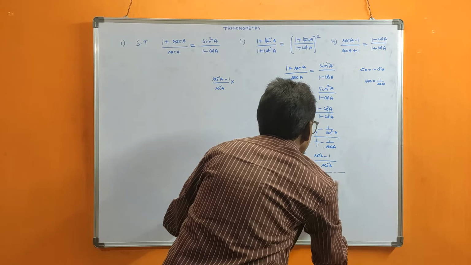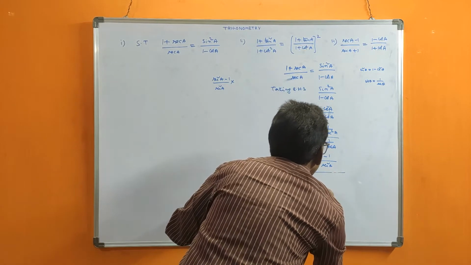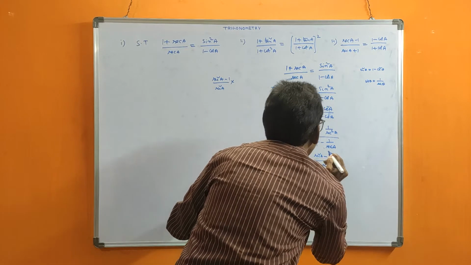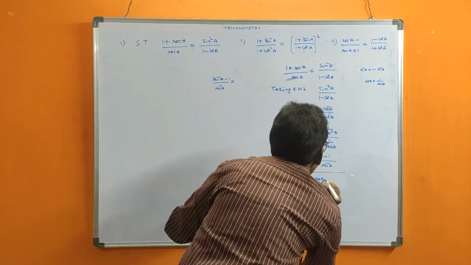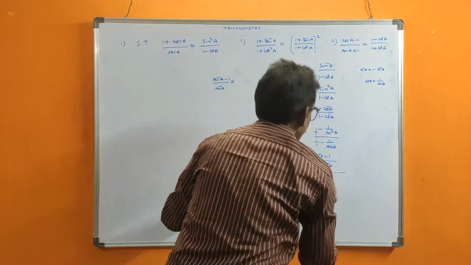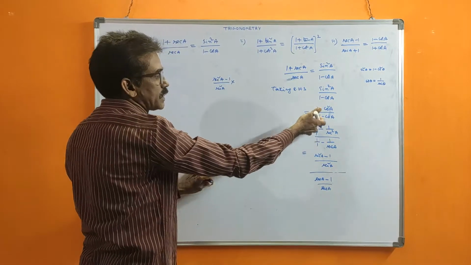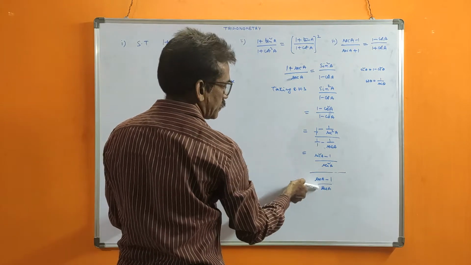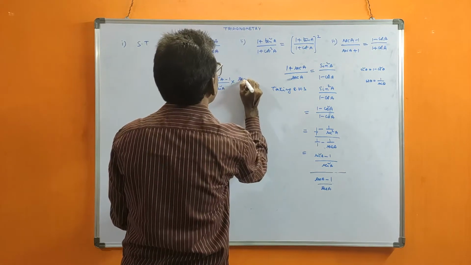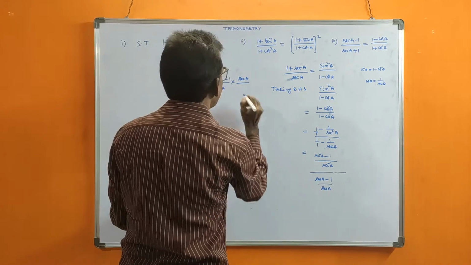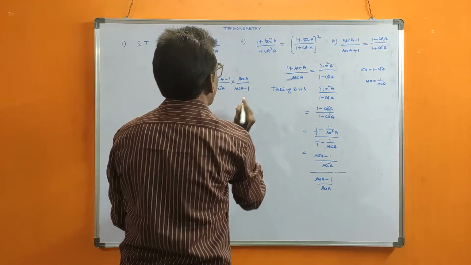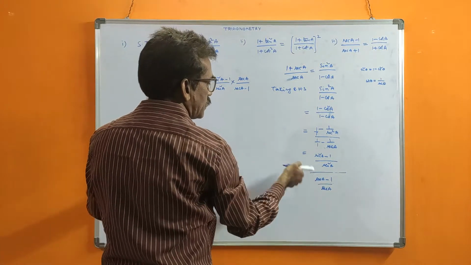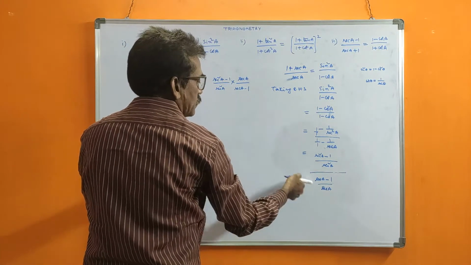Here also, secant a is the LCM, then secant a minus 1 times 1. We converted into secant, not cos. Now, this is reverse, secant a by secant a minus 1. This becomes this one, because this is into the reciprocal of this one.